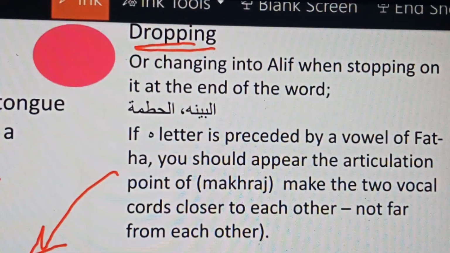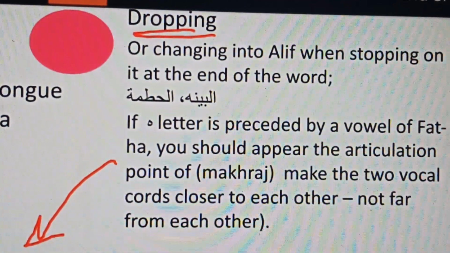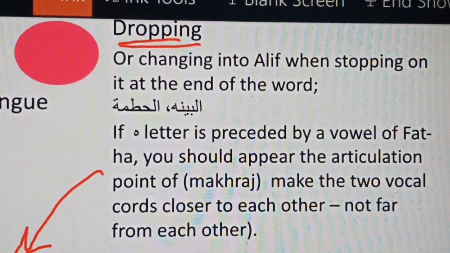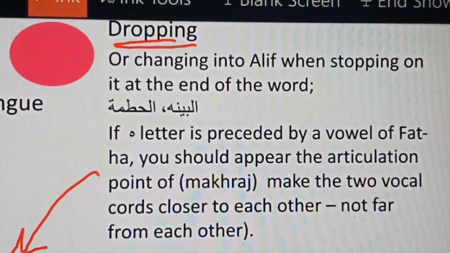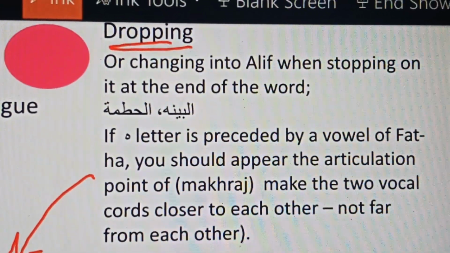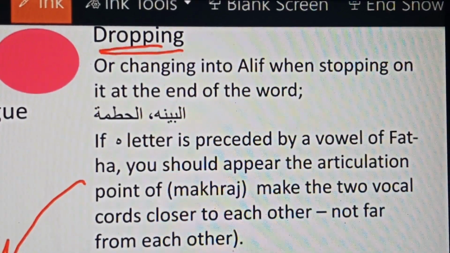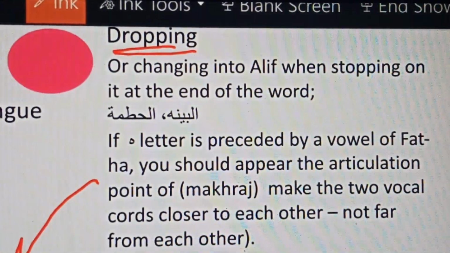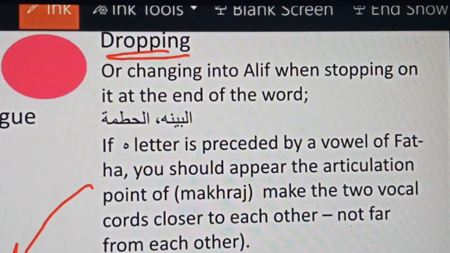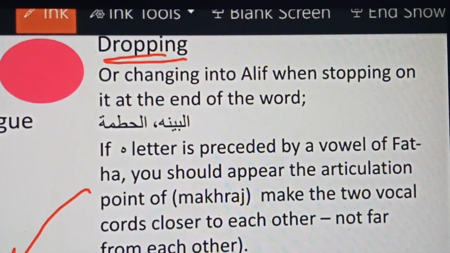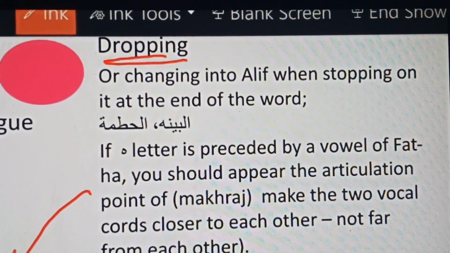So the same way, and you feel that the end of the word is meem, fatha, okay? This is from the mistakes that we should take care about. This is the letter preceded by the vowel of fatha.